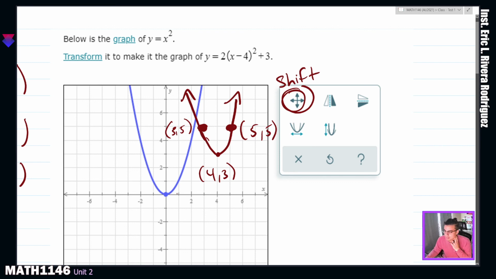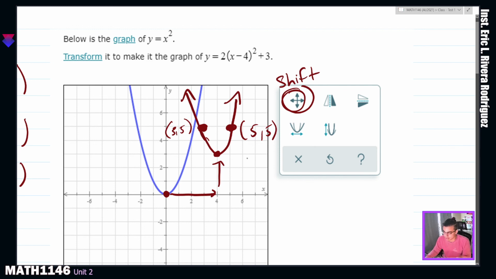When you click on the shift tool, you grab one point on the graph, drag it to the right 4 units, and then move it up 3 units, and that is how you get that point there.